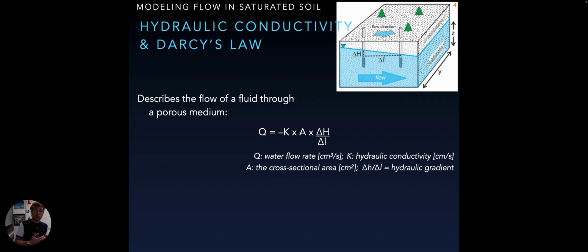You multiply it by a surface, because it's going through a cross-sectional area, a specific surface you define, in this case in square centimeter, times a gradient. Your gradient is a fraction, your height divided by the distance, which gives you the slope, the angle that differentiates the level of water from one point to the other.